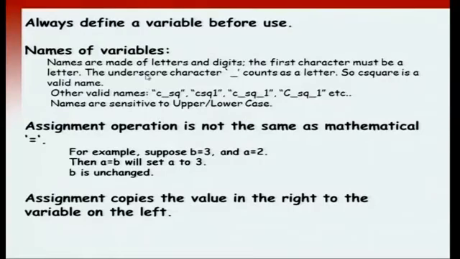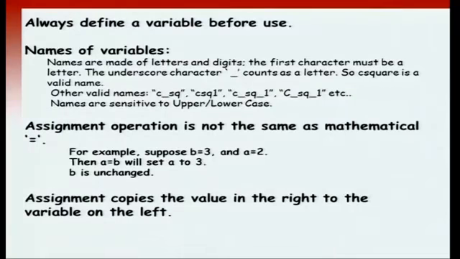Now a word about names of variables. In the C programming language, names consist of numbers, letters, and an underline symbol, an underscore symbol. Okay, and there is a convention that a variable cannot start with a number. So the initial character has to be a letter or an underscore. It cannot be a number, but further characters can be a capital letter, a small letter, a number, or an underscore.